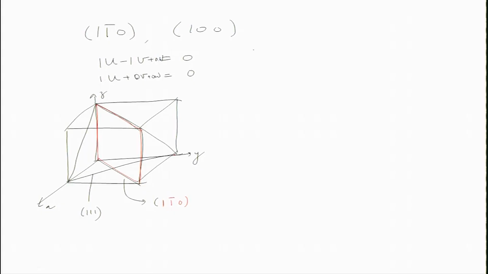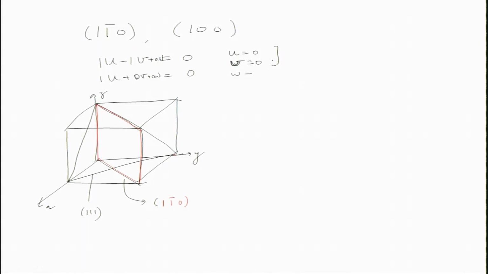So in this case you can see that U is equal to 0, and then V is equal to 0, which means your W is undefined. We have not defined W here.